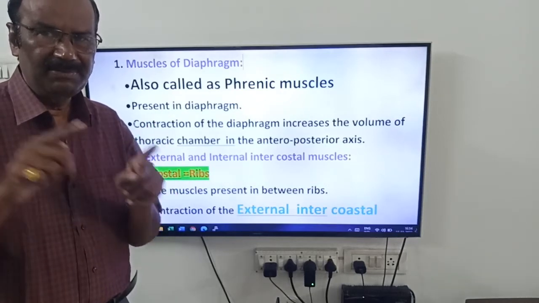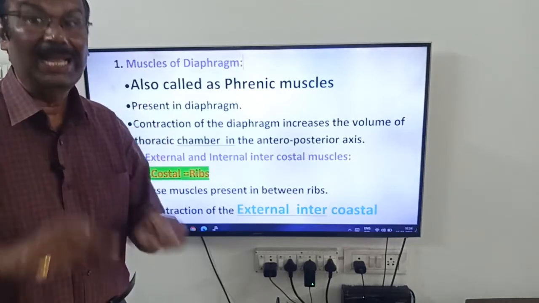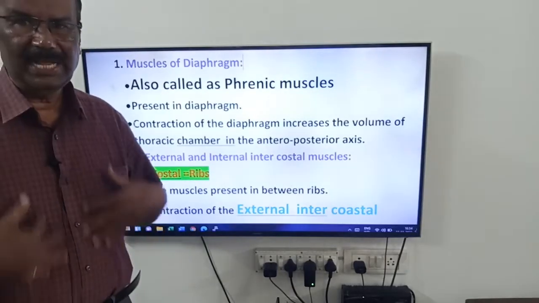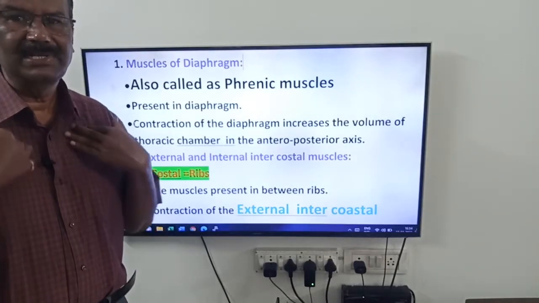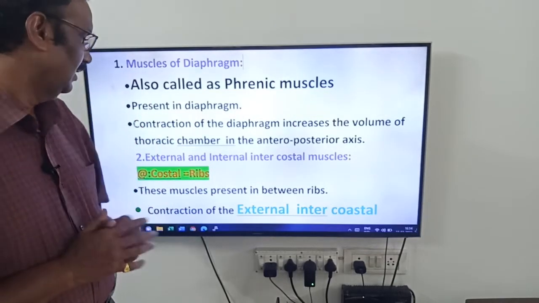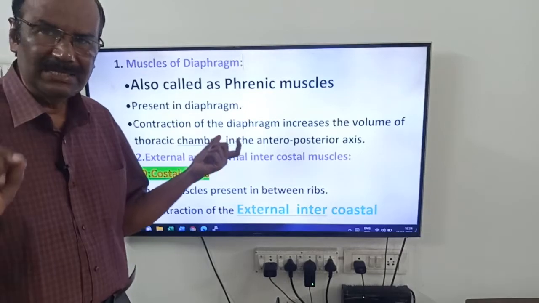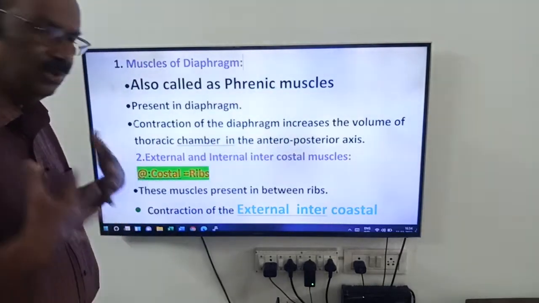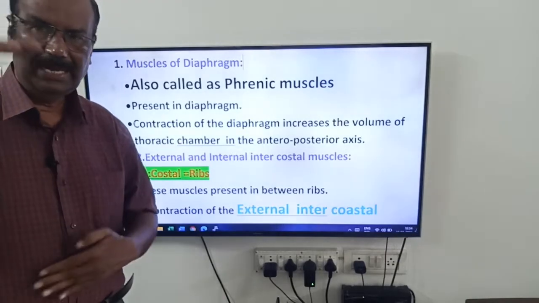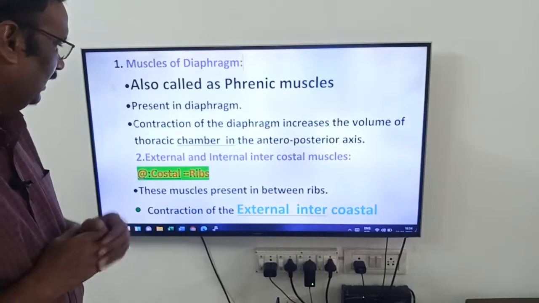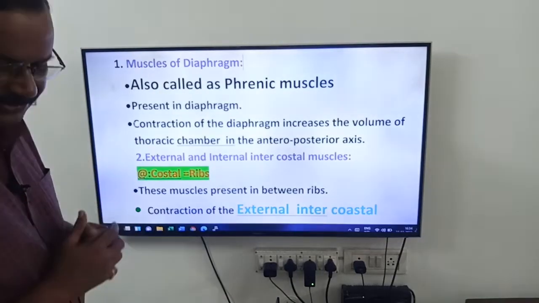When the muscles of diaphragm contract, the volume of the thoracic chamber increases in the anterior-posterior direction. Once again, contraction of the diaphragm increases the volume of the thoracic chamber in the anterior-posterior axis.